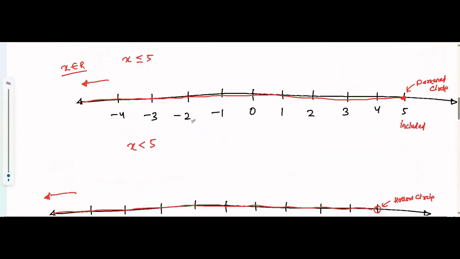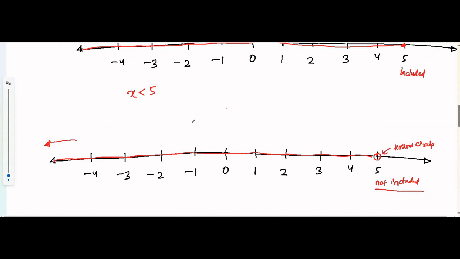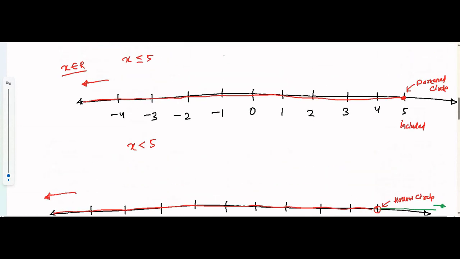The same can be done if, instead of x lesser than 5, we have x greater than 5. Then we would have done it in the other direction. Starting from here, all the numbers to the right hand side of 5 are part of the solution. Similarly, for greater than or equal to 5, we would have included 5 with a darkened circle and drawn a solid line going to the right side.